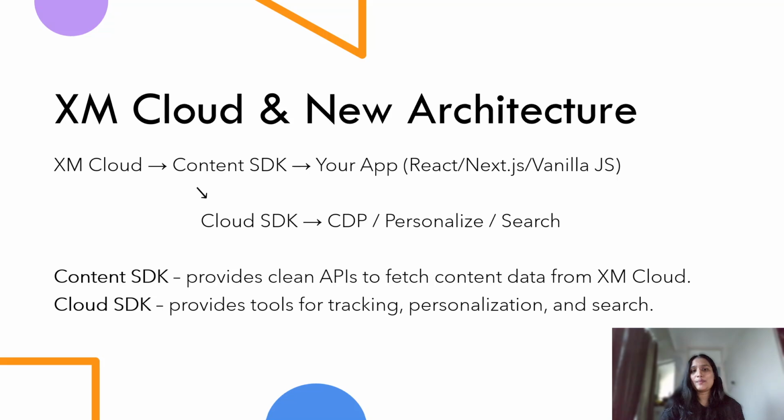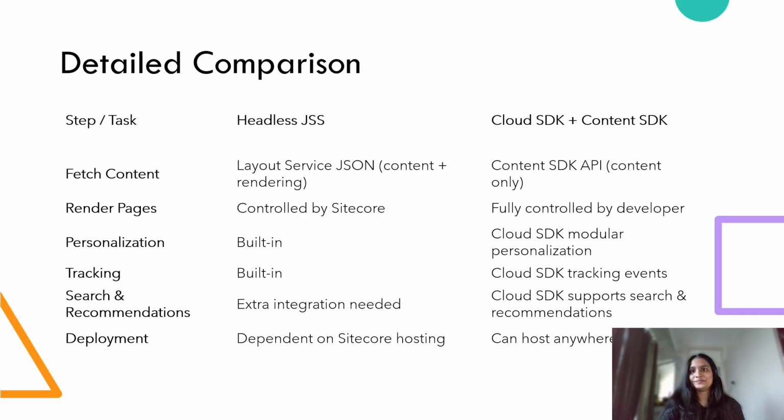This separation lets us take full control of the front-end application. Your app decides how to render the page, while the SDK provides the content and experience data. In simple terms, the Content SDK gives you the content, the Cloud SDK gives you the smart behavior, and your application puts it all together. So it is now more composable compared to Headless JSS.